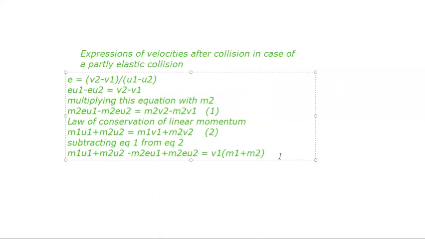So what do we finally get here? v1 will be equal to, you can take out u1 and you get M1 minus e M2, plus M2 u2 common, and you get 1 plus e.